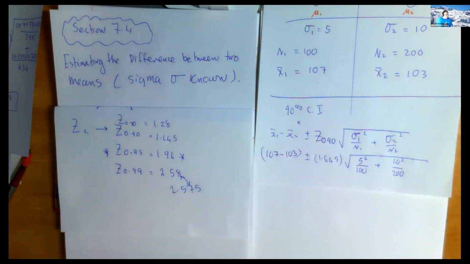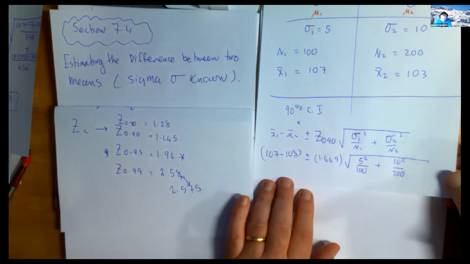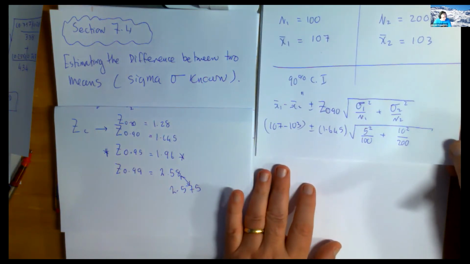Are you happy about where all the numbers I'm getting are coming from? And you're going to be told all those numbers. It's not like you need to calculate a Q1 hat thing. Right. So far, so good.